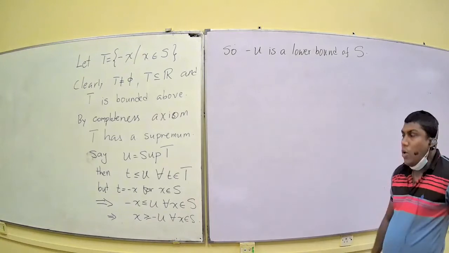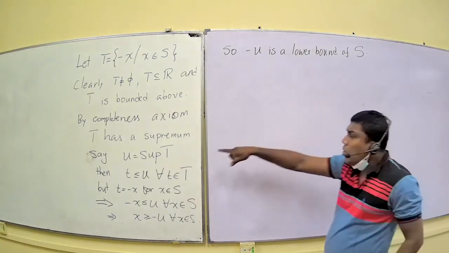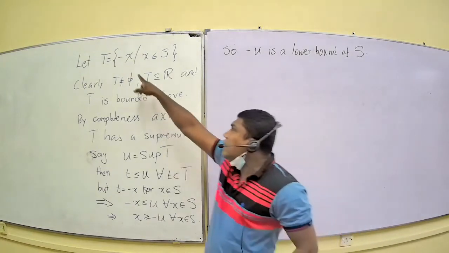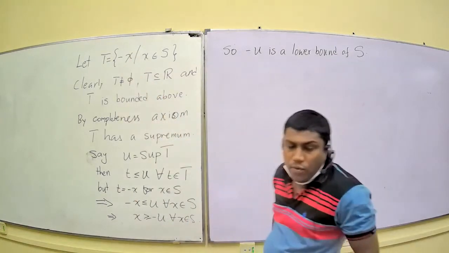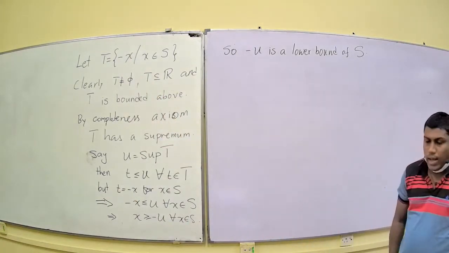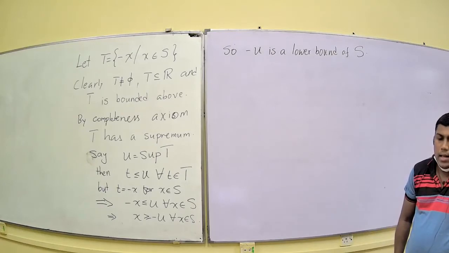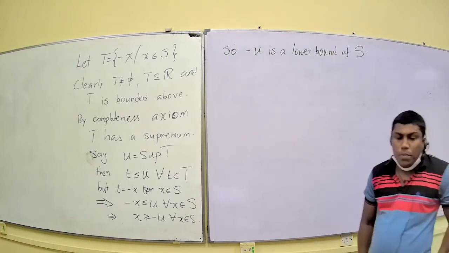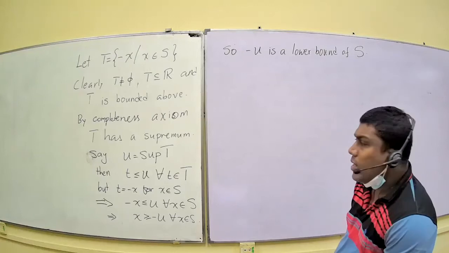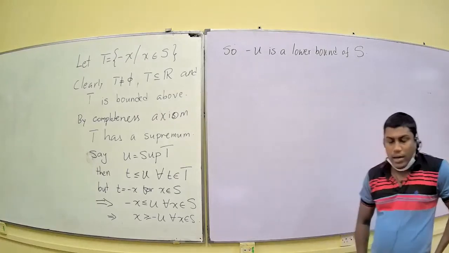So now, because minus U is a lower bound of S, and you know what U is? U is the supremum of T, and T is the set of all minus x for all x belonging to S. So basically, this minus U should be the infimum of the set S, right?